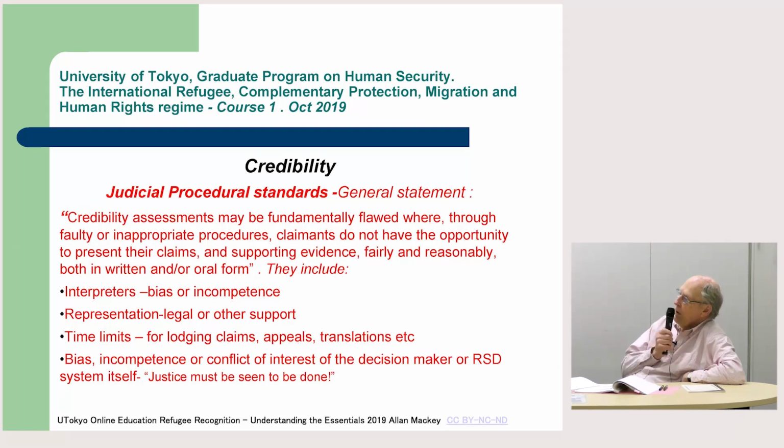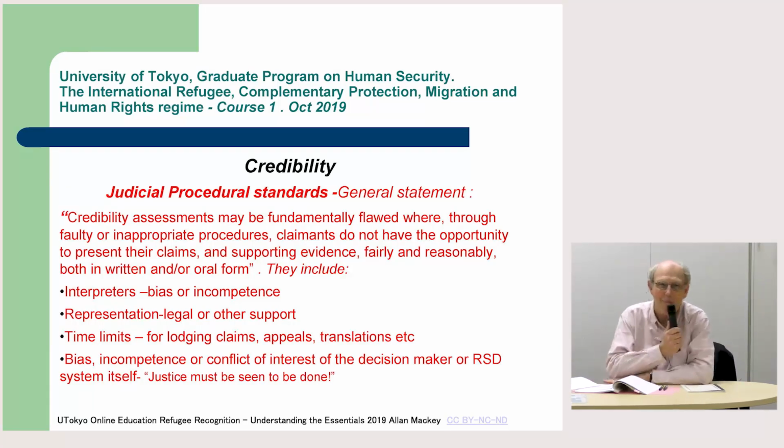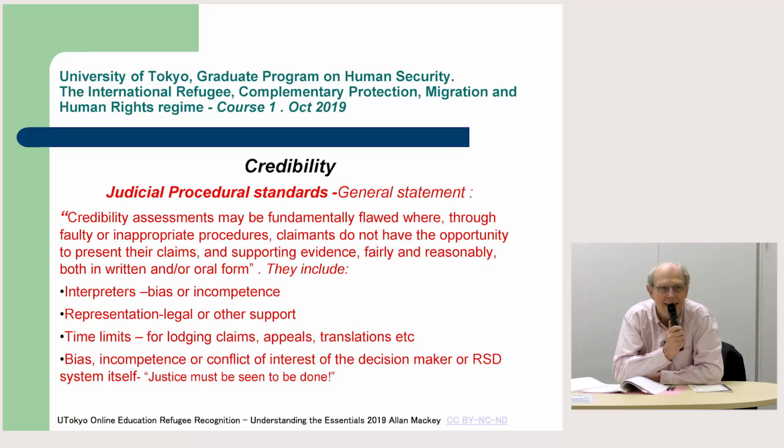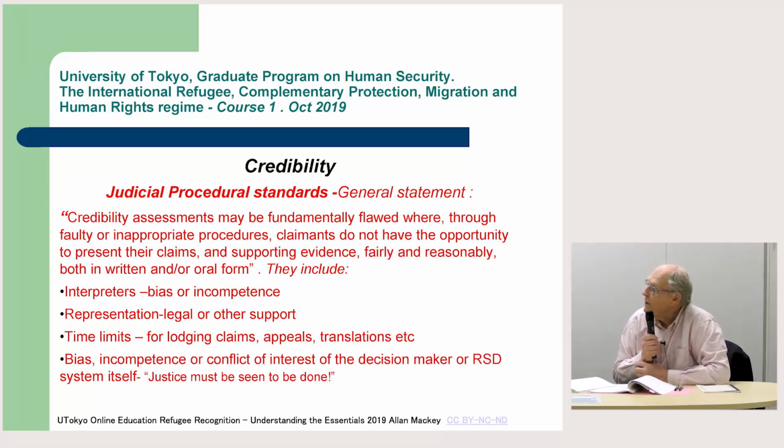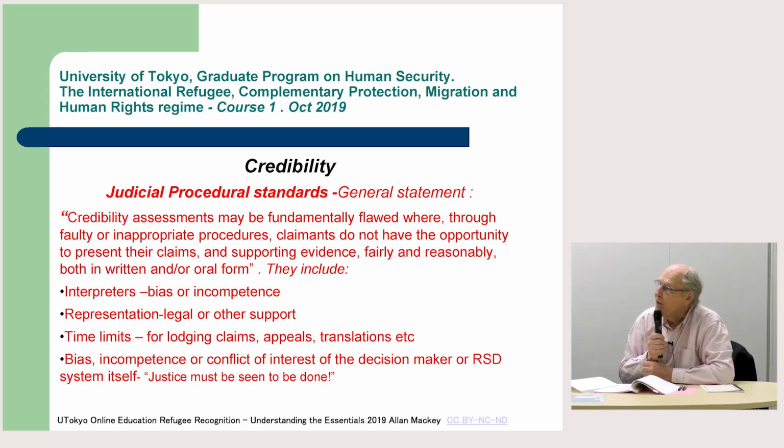The phrase you've probably seen everywhere in the world is, justice must be seen to be done. So it's not being seen to be done if the judge is biased or utterly incompetent, or even, sadly, as we had once or twice in the UK, where the judge fell asleep in the middle of the case, in a Scottish case. Anyway, it can happen. Not a lot of confidence in the competence of the decision.